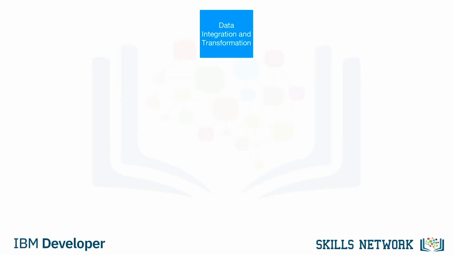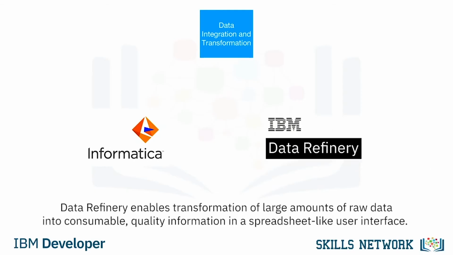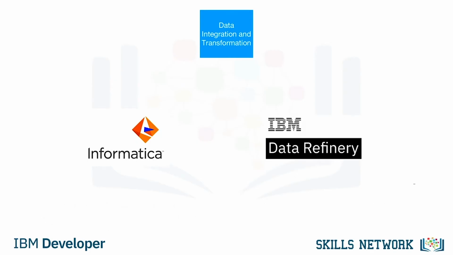Two widely used commercial data integration tools are Informatica Cloud Data Integration and IBM's Data Refinery. Data Refinery enables transformation of large amounts of raw data into consumable, quality information in a spreadsheet-like user interface. Data Refinery is part of IBM Watson Studio.